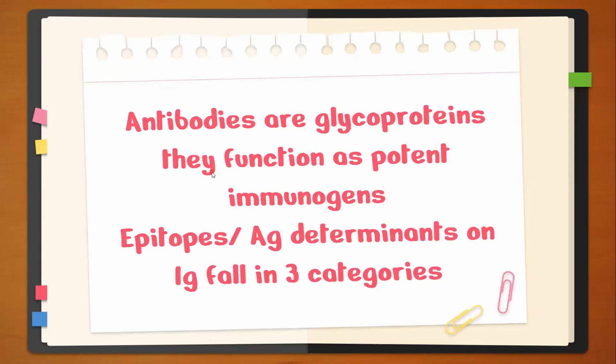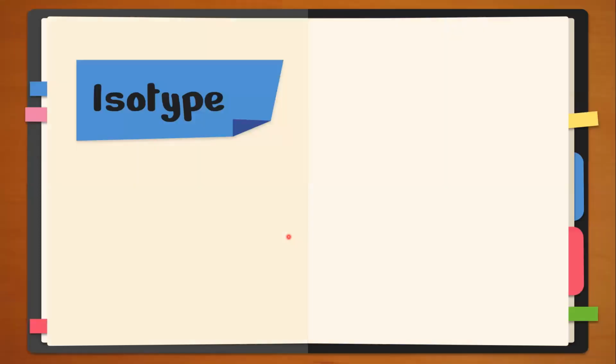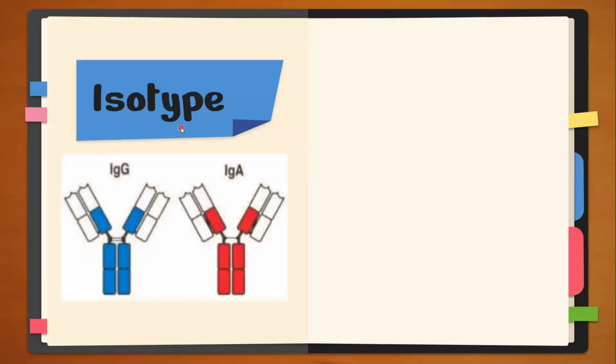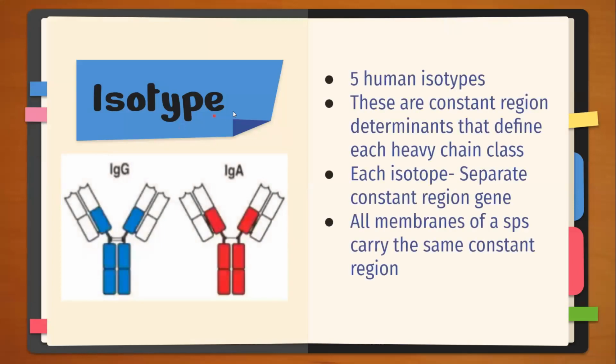Now, since antibodies themselves are glycoproteins, they can function as immunogens. So the epitopes or the antigen determinants of the antibodies fall into 3 different categories. First category is called the isotype. Now, what is the isotype? Look at this diagram and try to understand what I'm saying. In humans, as we discussed, there are 5 isotypes, that is the 5 different classes of antibodies.